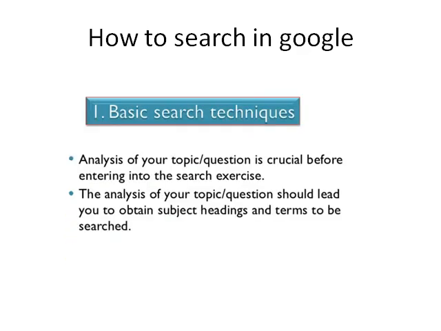Okay, we want to start with the basic search technique. At first, you must analyze your topic because you want to write a phrase in the Google toolbar. You must know which words must be written in the phrase.